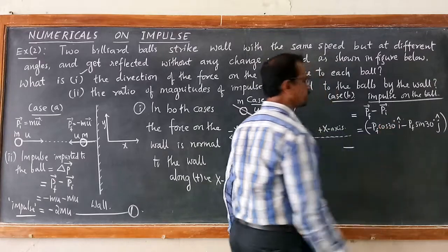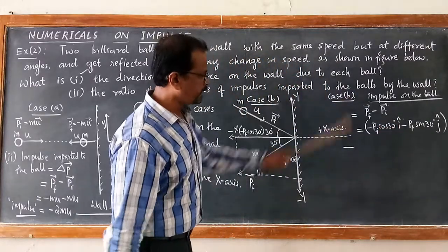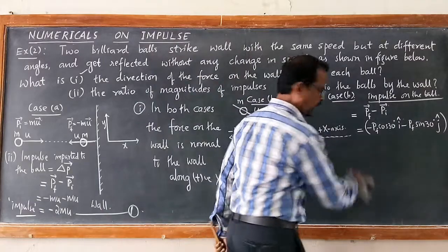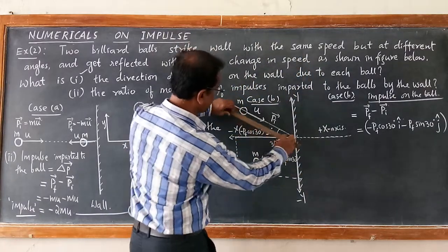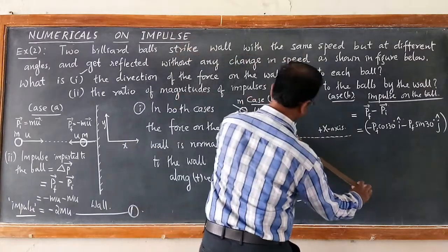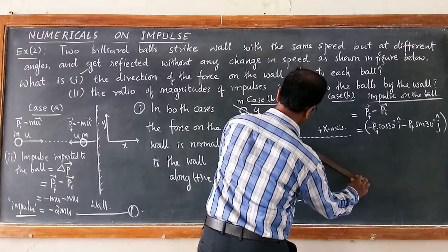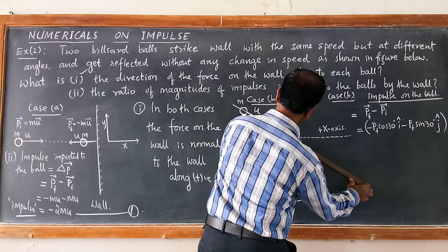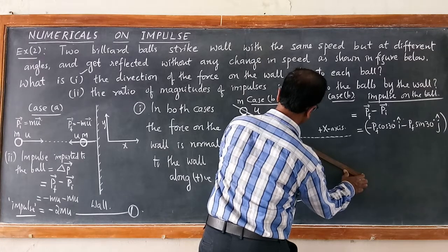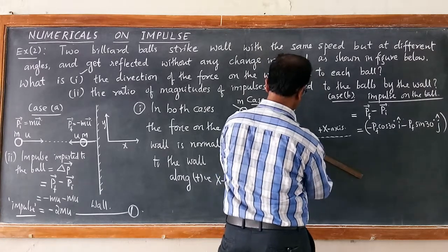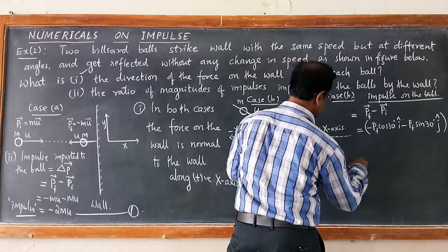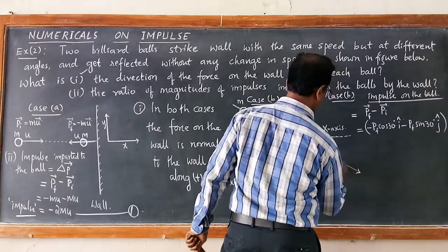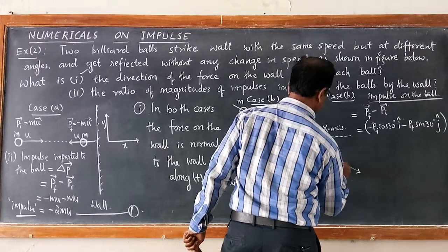Minus, now you write what the Pi vector is. To write minus Pi vector, I have to extend this Pi vector into this quadrant because it should be moving away from the origin. Extending this, yes, this becomes the Pi vector.